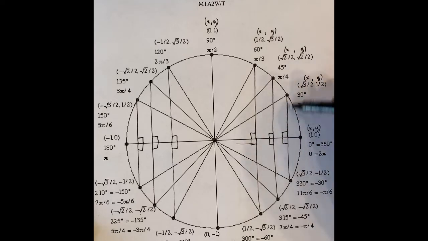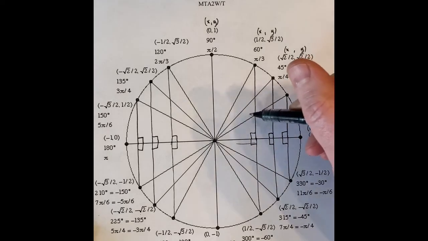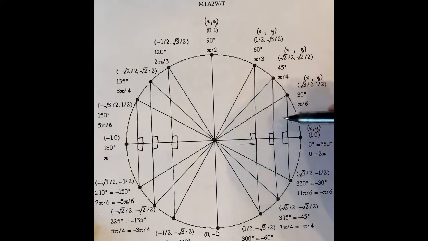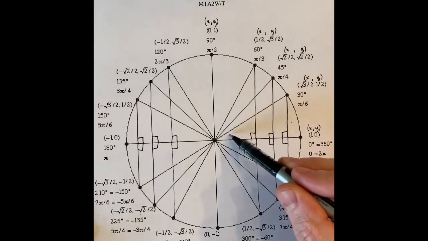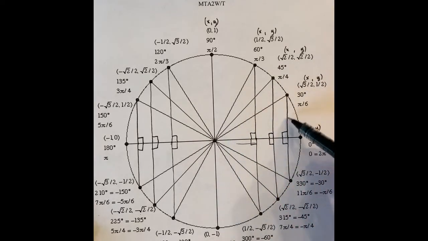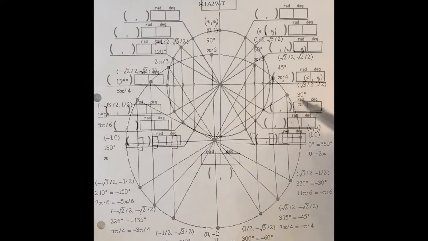That's the y movement. So instead of saying opposite over hypotenuse, I'm going to say y over the radius. And the radius is 1. So the sine value ends up being just the y over 1. Well, if I want to find the sine of 30 then, right here, I can just go grab the y coordinate at the unit circle at 30 degrees.